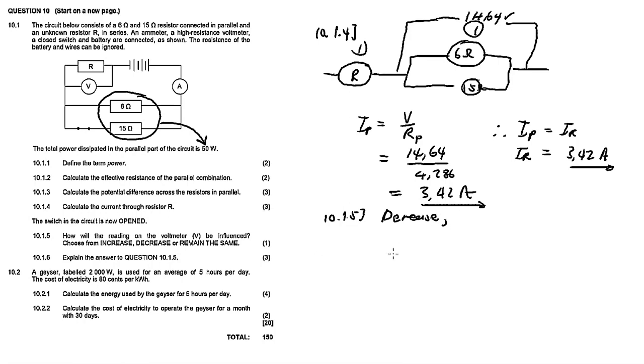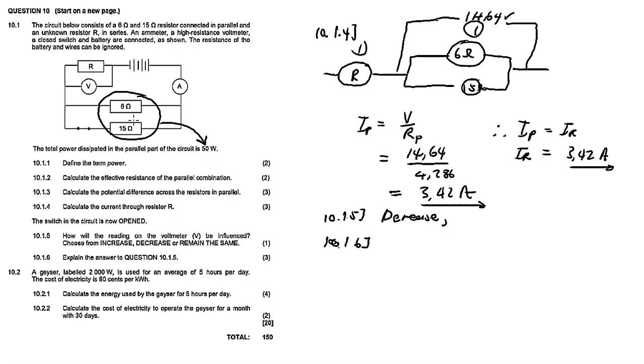So on such questions, 10.1.6, when you answer questions like those in electricity, in electrical circuits, you must refer to Ohm's law to explain everything. So if the switch opens here, the circuit loses a resistor.